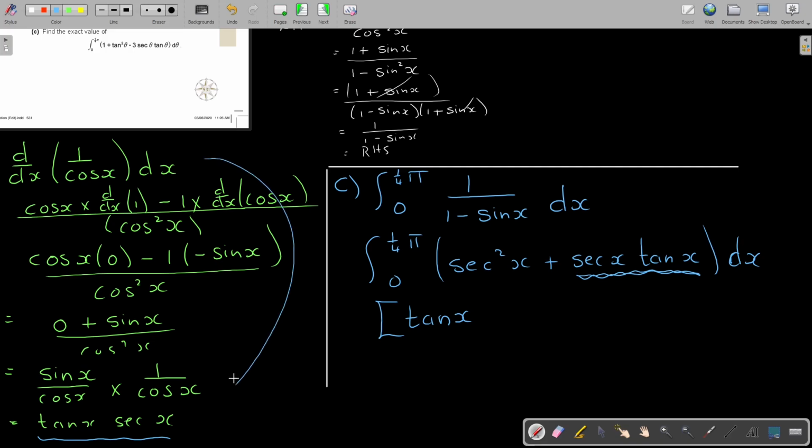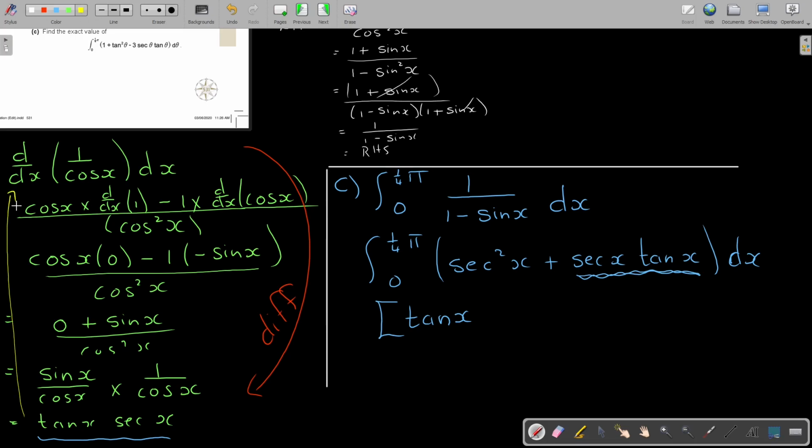When I differentiated, I got this. And when I'm going to reverse back, I'm going to integrate. So in the place of this, because I'm integrating, I can write 1 over cos x. Are you with me? So plus 1 over cos x, evaluated from 0 to a quarter pi.